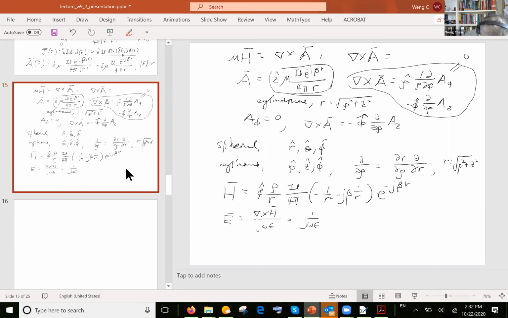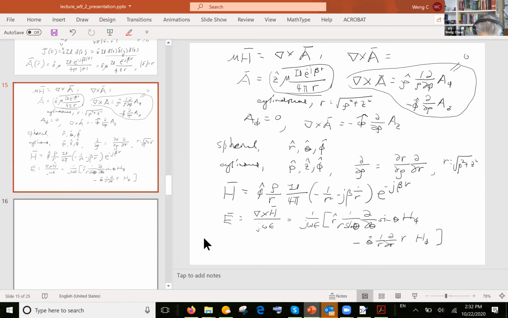In spherical coordinates, you have r hat 1 over r sine theta, partial theta of sine theta H phi, and then minus theta hat 1 over r partial r of r H phi. I assume that you know how to do this at home without making any mistakes.